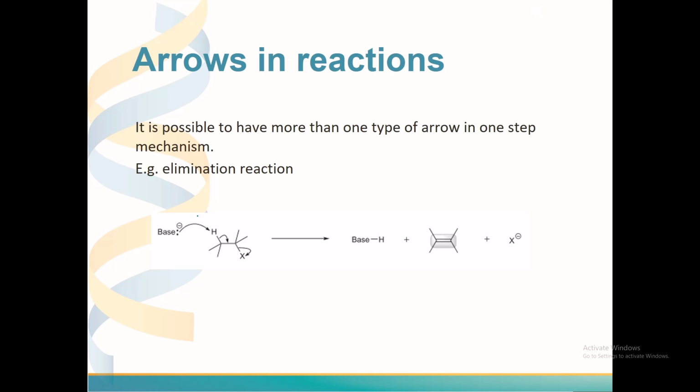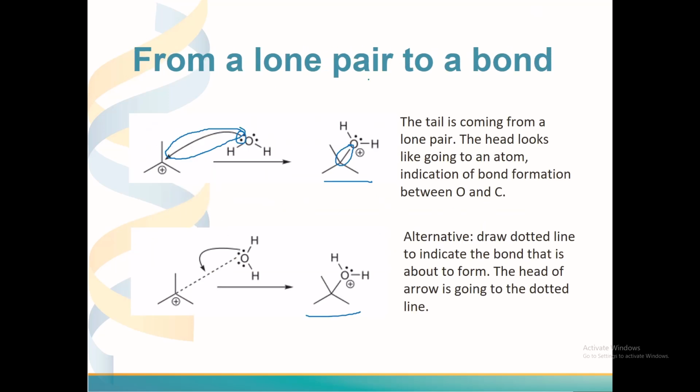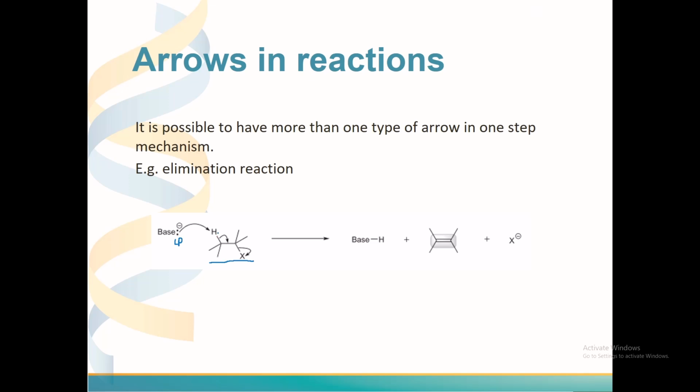So here's an example. We have an elimination reaction, and this is the reaction. We have this molecule here, and then there's a base, and the base has a lone pair of electrons, which attacks a proton. So this is the first movement, from a lone pair to a bond.